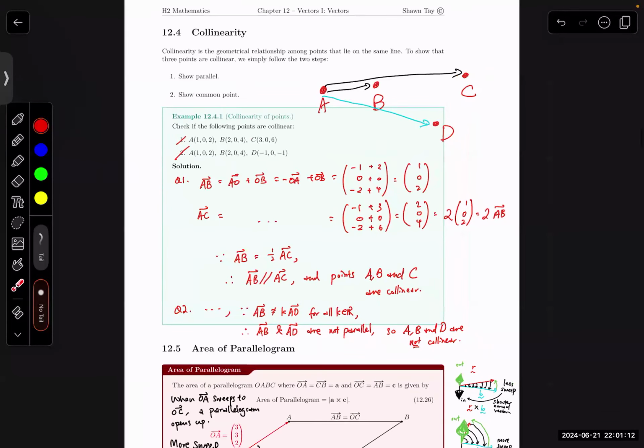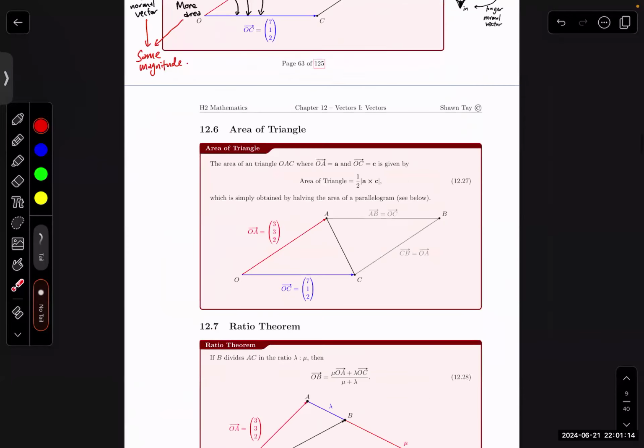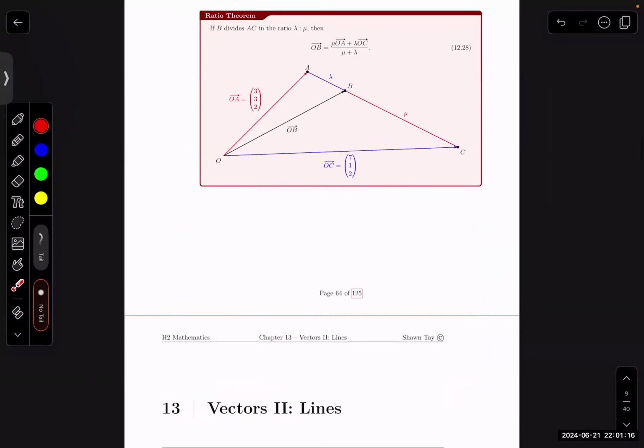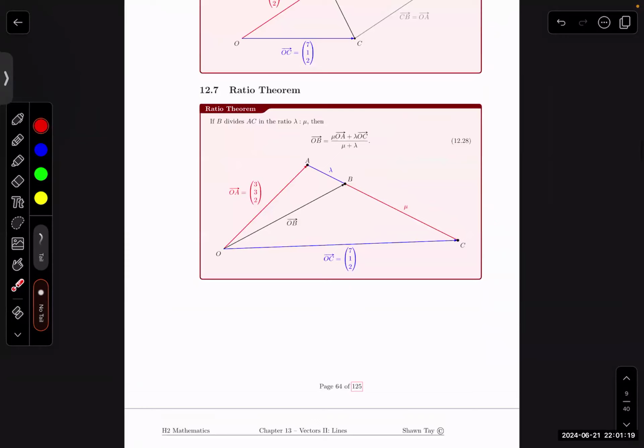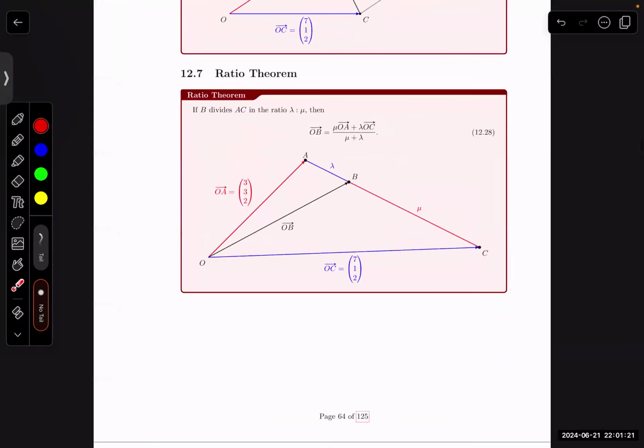So that's collinearity. The last thing for this first chapter is the ratio theorem. The ratio theorem is going to be very useful for the point of reflection.